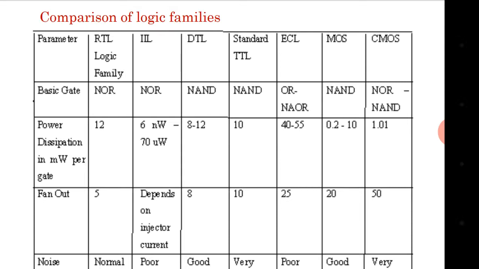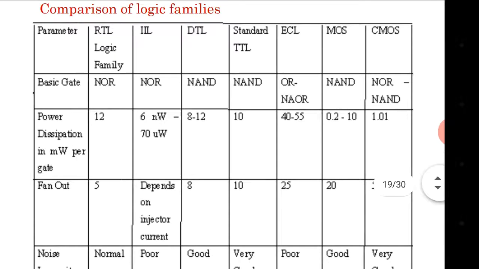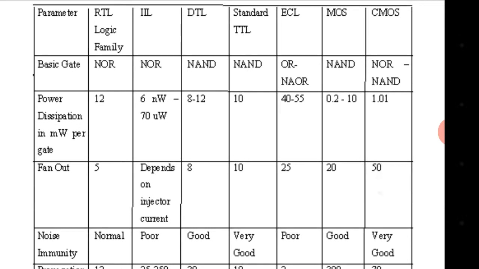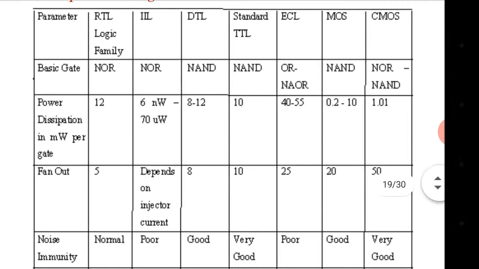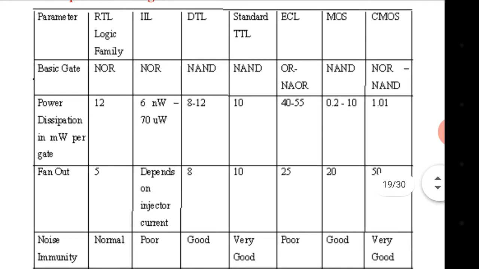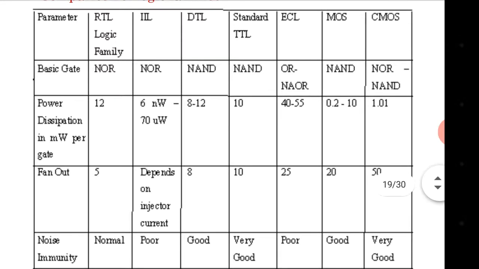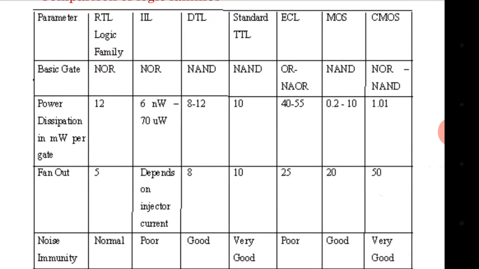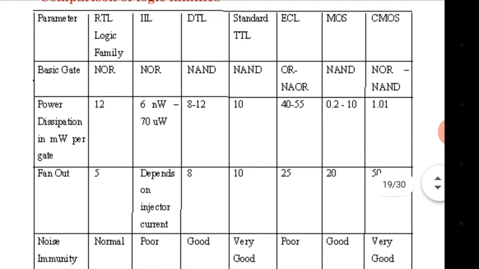DTL 8 to 12, standard TTL 10, and so on. Fan out is nothing but how many other logic gates the output of a logic gate can drive without falling outside of its limits.